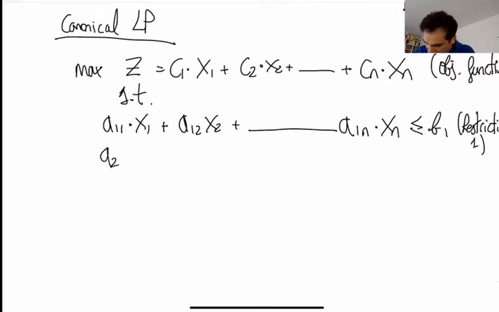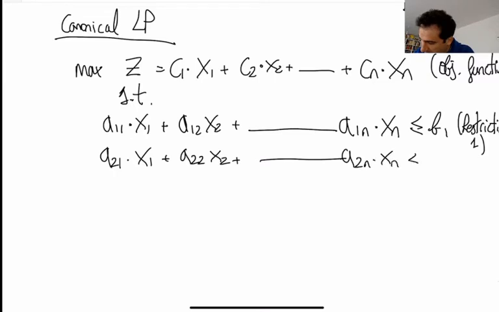We have the same a21 x1, a22 x2 plus a2n xn lower or equal than b2.